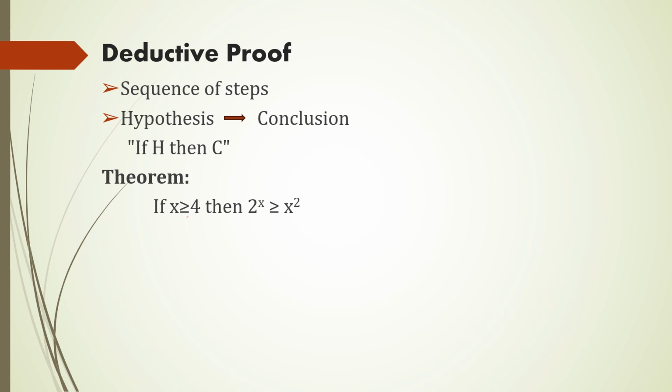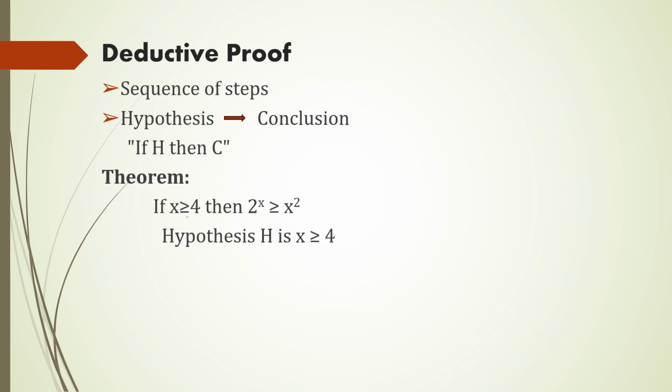Now, how do we follow a deductive proof? First, let us take the hypothesis. Here the hypothesis is x is greater than or equal to 4. Now we have to take varying values of x. Here it is given that x's starting value is 4.